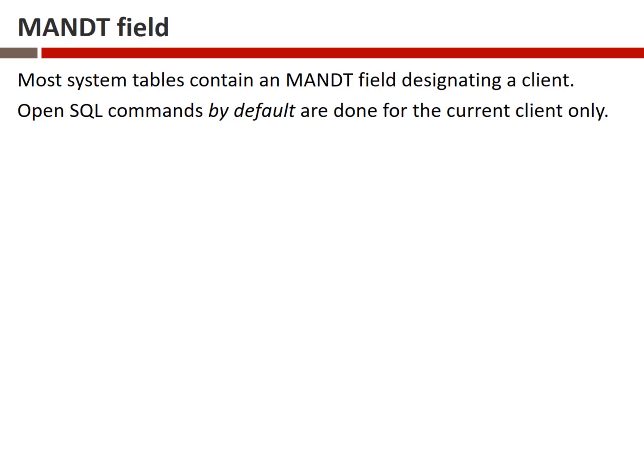And that where clause is where MANDT equals, well, where MANDT equals what? How do we find out the current client number? SY-MANDT is by inference part of every query that we write.